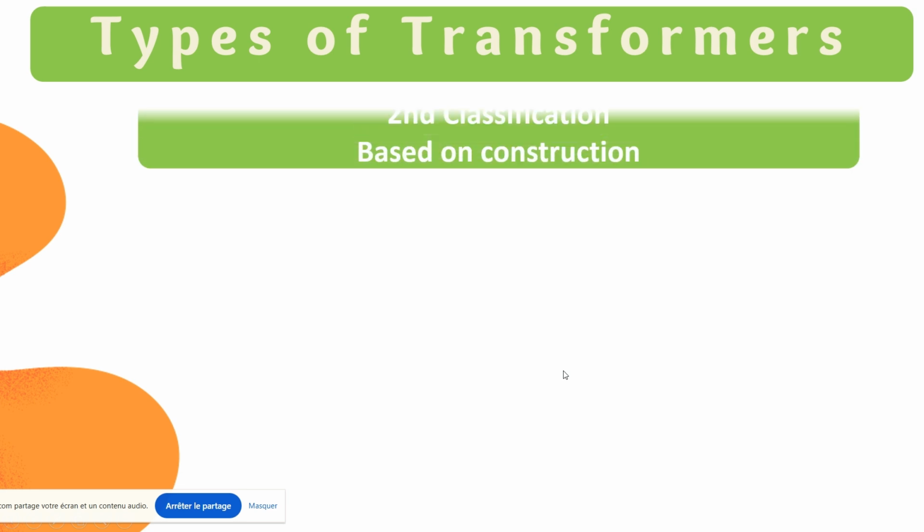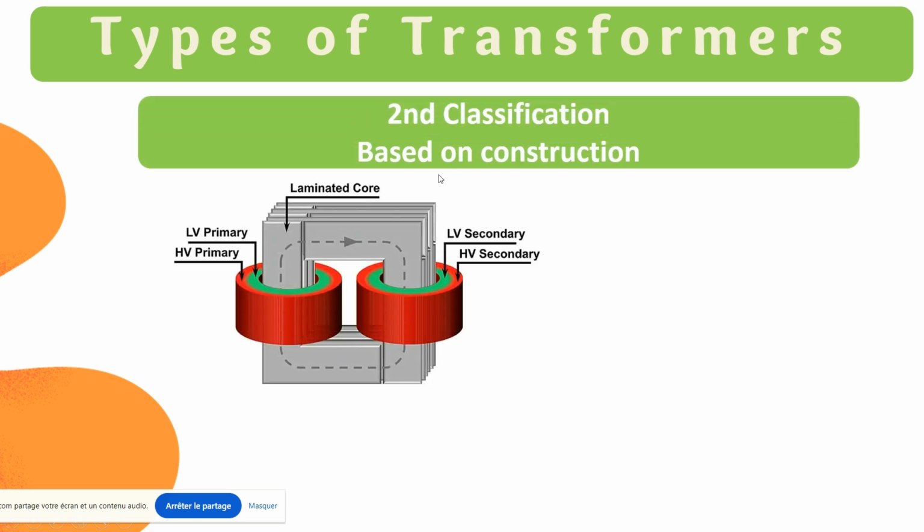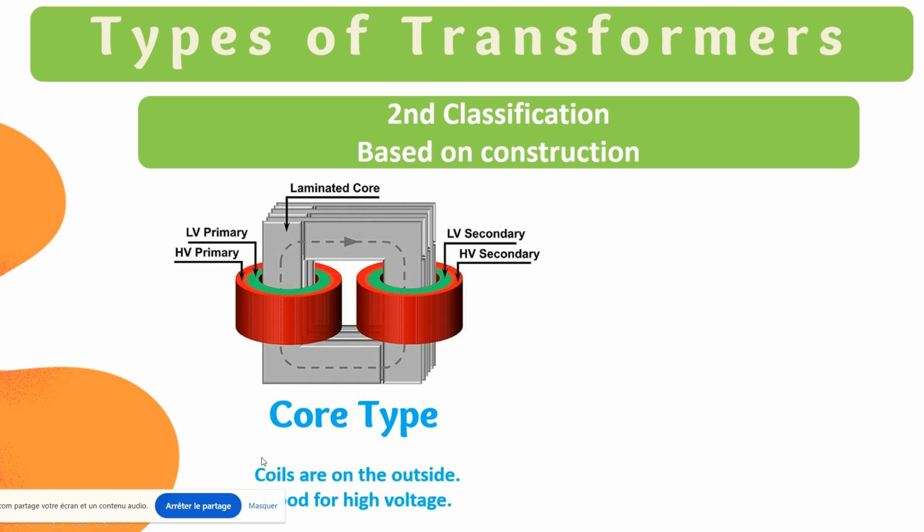Okay. The second classification is based on the construction, how the construction of the transformer is done. The first category is called a core type, okay, where the coils, le bobinage, are on the outside.